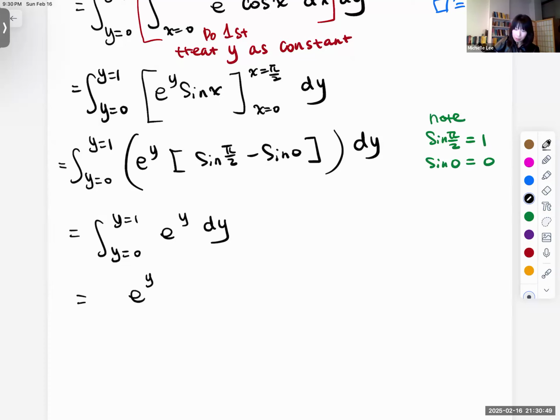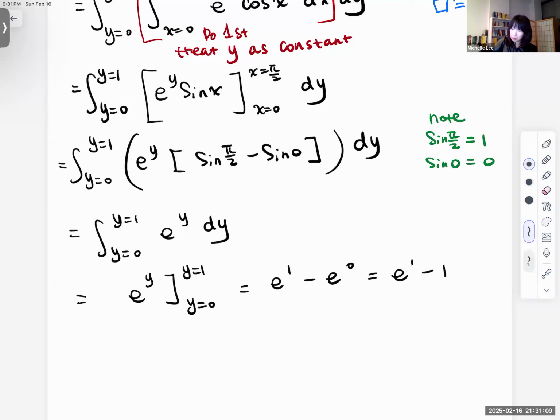So e to the y, and y equals 0 to 1, evaluate. So e to the 1 minus e to the 0, and we have e to the 1 minus 1. Now let me just take out the first power. You guys okay with this? All right.